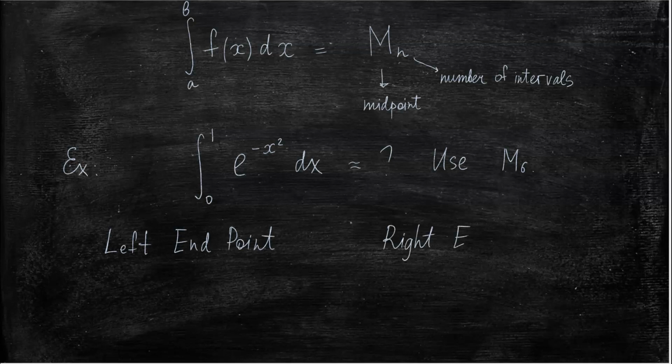As you would imagine, the notation is L_N for left endpoint and R_N for the right endpoint. L refers to the left endpoint method, R refers to the right endpoint method, and N refers to exactly the same thing as we described earlier.